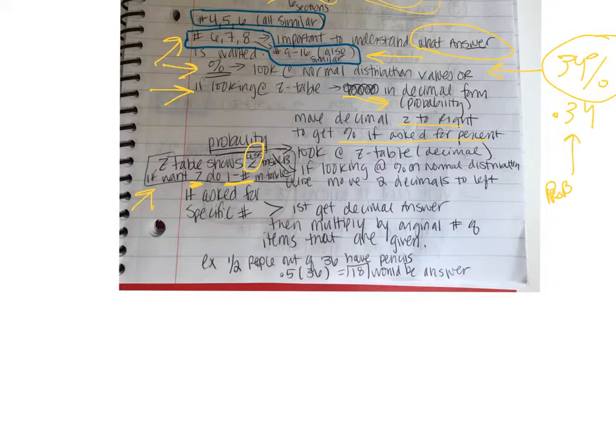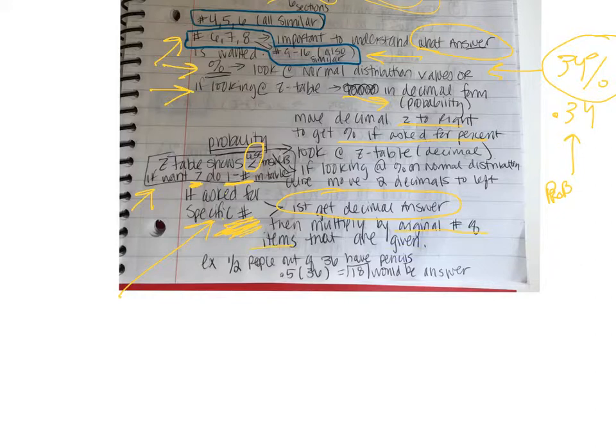And the last thing you'll be asked is to find a specific number of something. So out of 36 students, how many had X, Y, or Z? You first need to find the decimal answer, the probability of that certain amount of people having something. Then you take the probability, the decimal, and multiply by the original number of items or people.